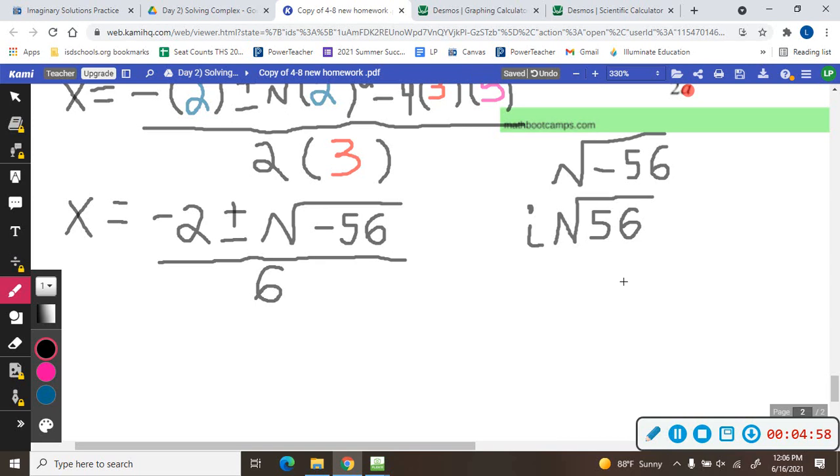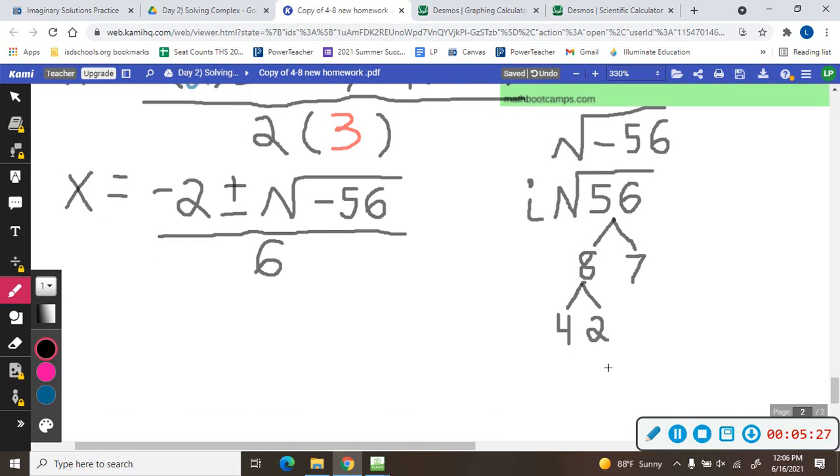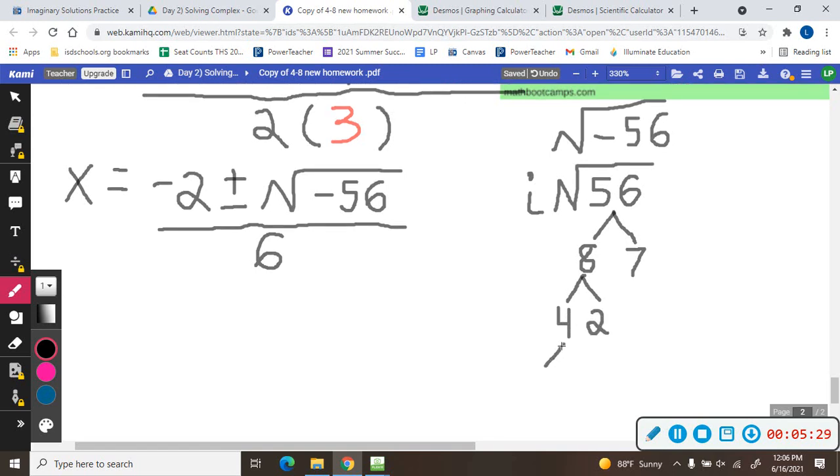And then you play around with 56, and you're trying to find pairs, because this is like an imaginary 2. 56, trying to think of two numbers that multiply to 56. I know 8 and 7 do. 7 is prime, so 7 doesn't break down into anything worth writing down besides 7 and 1. 8, though, is 4 times 2. And then 4 is 2 times 2.